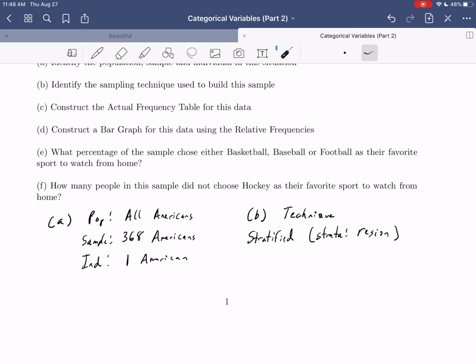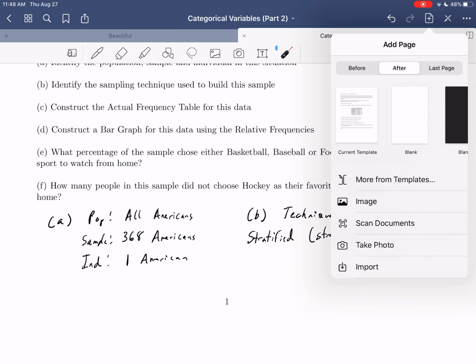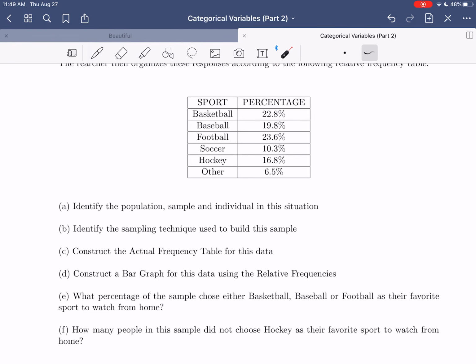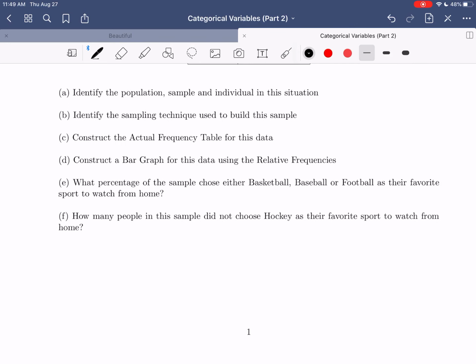All right, let's get into the actual analysis then, trying to construct the actual frequency table, the bar graph, and then doing a little bit of work with this. So we'll give ourselves a fresh page to work with here. I'm going to keep this data though, right up here. And let's go ahead and talk about how we would build the actual frequency table.